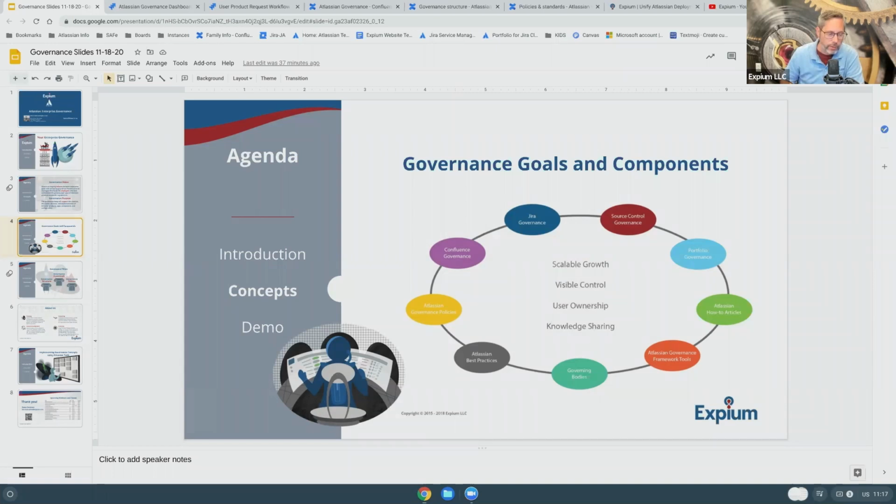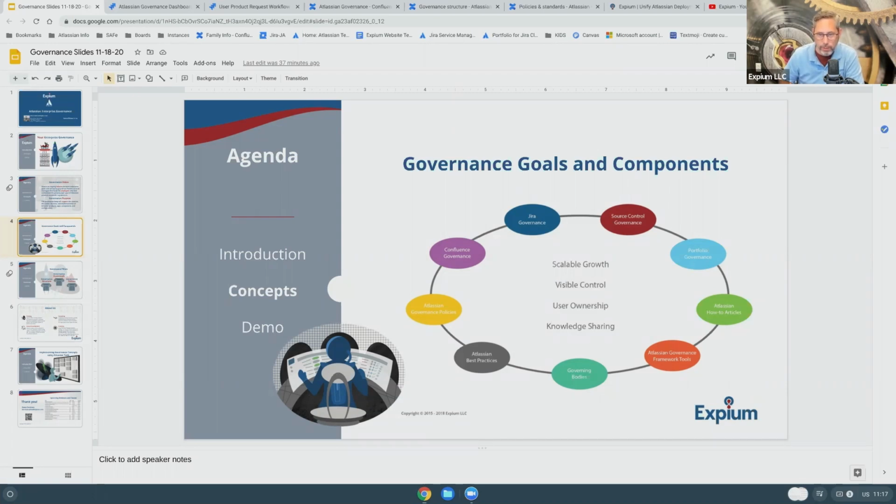So things like Confluence. Obviously, Confluence is your content repository and your content knowledge sharing tool. Jira Governance, which is where teams get work done. That's also going to include now Jira Align, which is your scaled platform. Source control governance like Bitbucket and Bamboo. Portfolio governance like Advanced Roadmaps or Jira Align. These are the major product platforms that are out there.